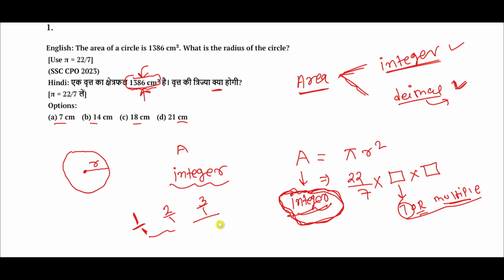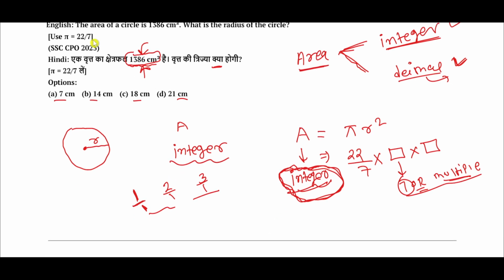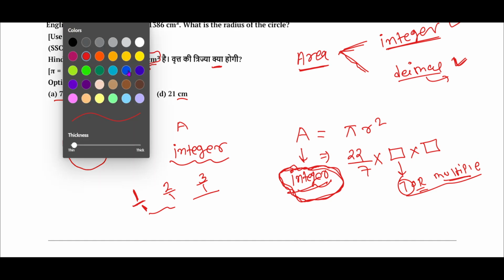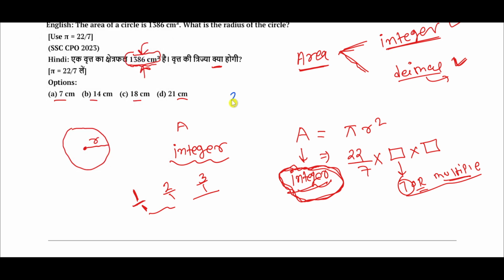I want to explain this by taking an example. Let's suppose we have area equals pi upon 7 into r into r.